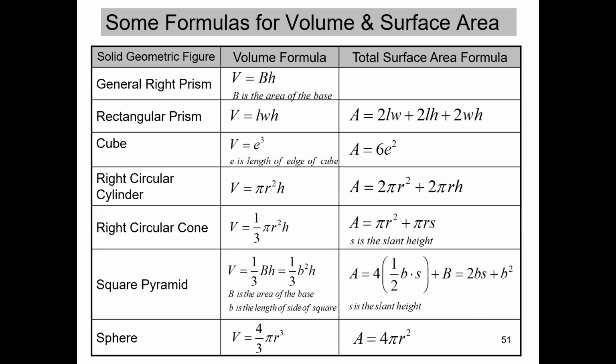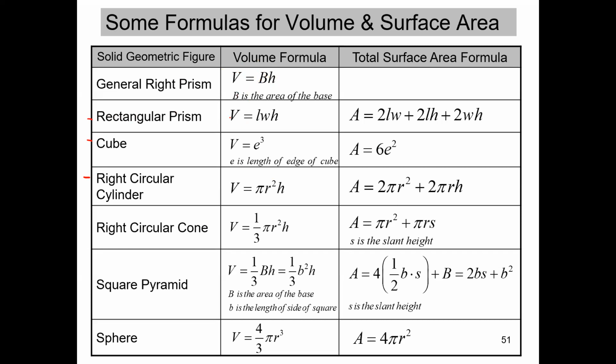A right circular cylinder could fit under here, although we have a very specific formula for it because we know the base is a circle, but it would fit here if you found the area of that base and multiplied it by the height. Same thing for the right polygonal prism, the cube, and the rectangular prism, those all fit in here. Although again, we have some very specific ones for these first three that could all really be under this formula.